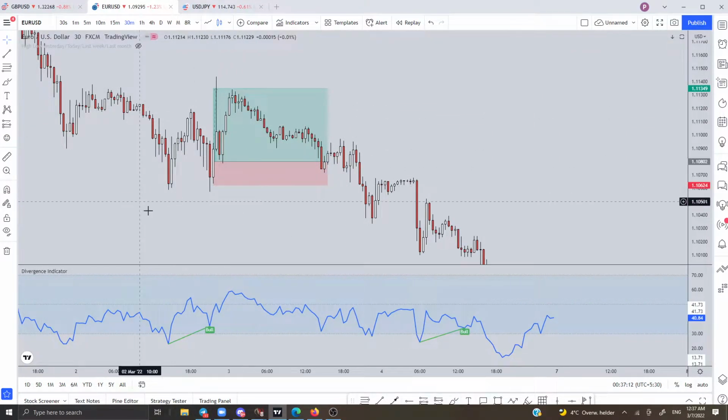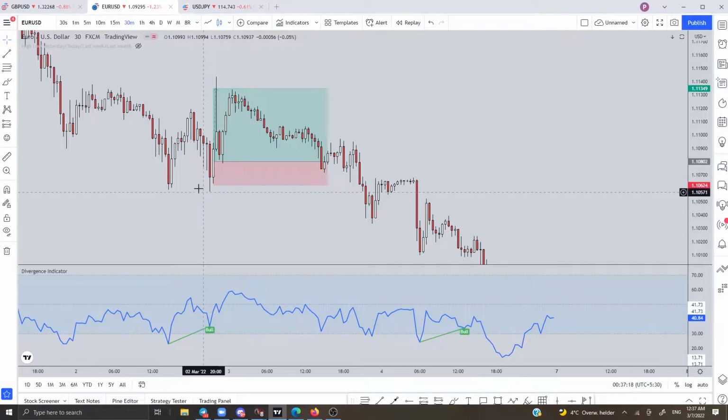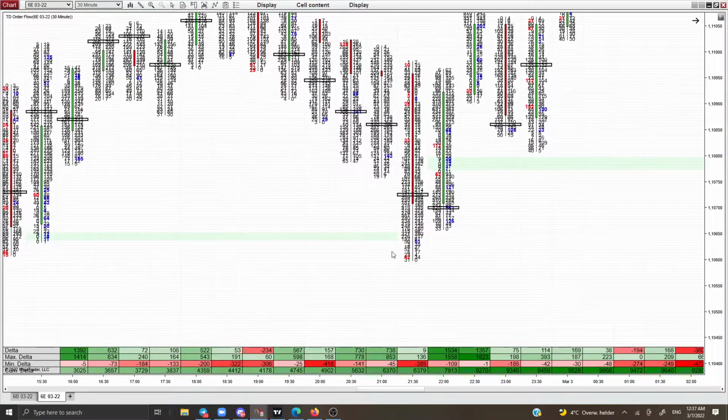Because this is the divergence, and what confluence do we have from order flow? We have seller's trap, buyers are joining. Let me show you here: seller's trap, buyers are joining, point of control at a very nice place, because if you have seen my previous videos, you know that I always want to see the point of control at the bottom side of the candle when I'm looking for a buy.